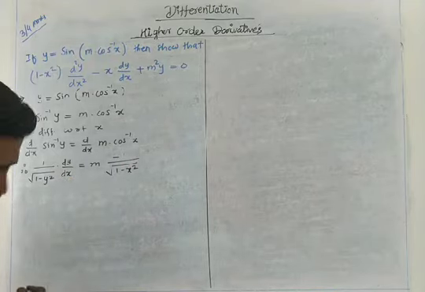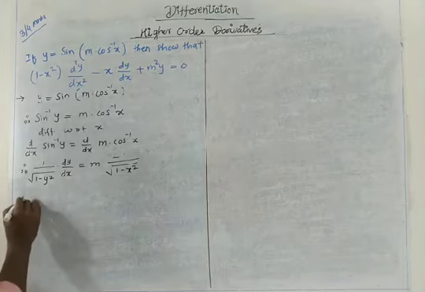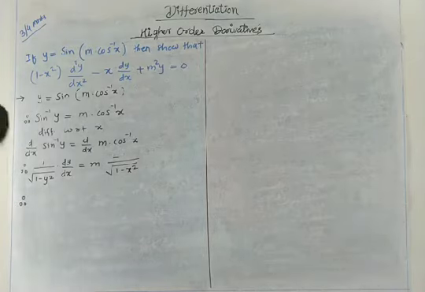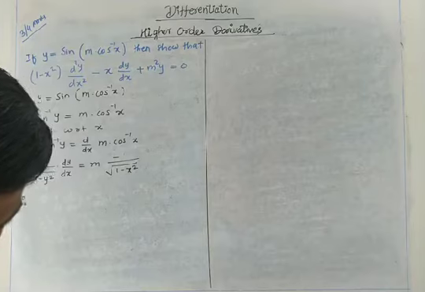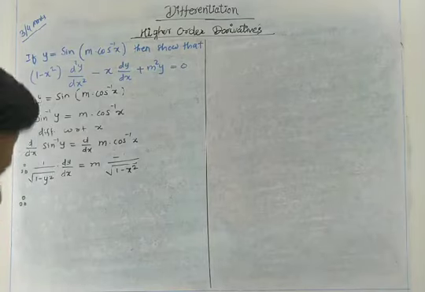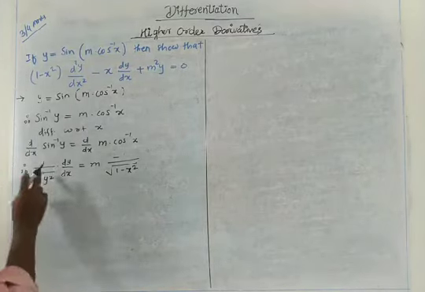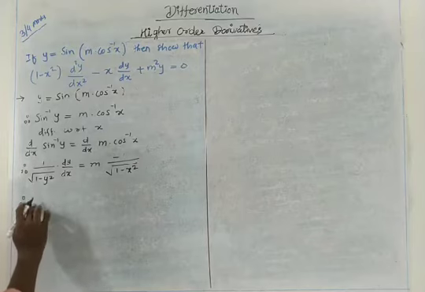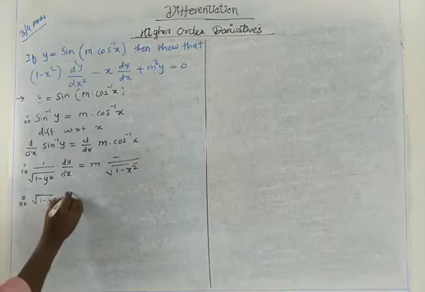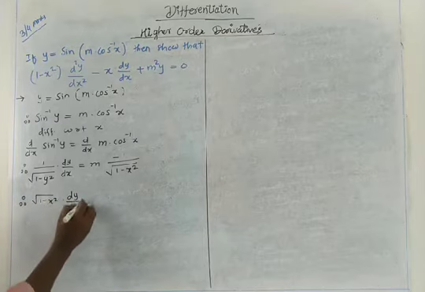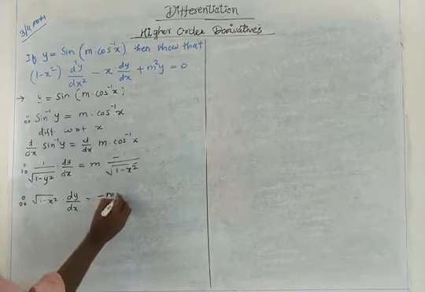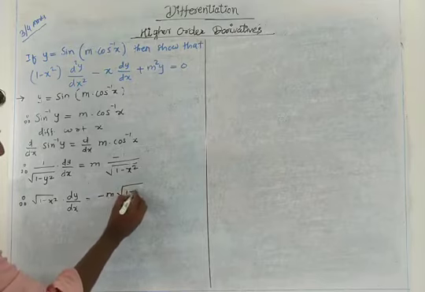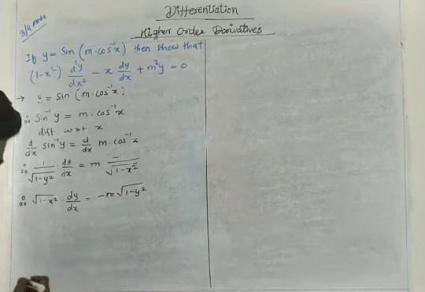Okay, so now see, rearrange the step from left to right. Denominator terms come and are taken as numerator terms. So under root 1 minus x square dy by dx is equal to minus m into under root 1 minus y square.